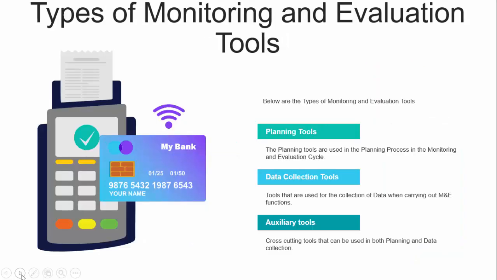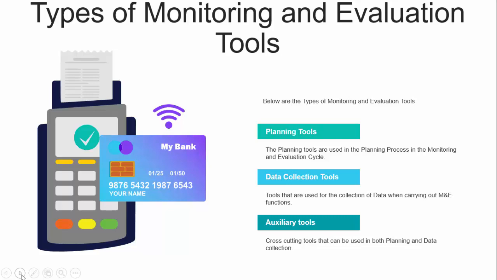Now there are different types of tools in M&E. Okay, that's one thing I need to tell you. There are different types of tools. You've got the planning tools, which are tools used at the planning phase of a project or the M&E cycle. You've got data collection tools, which are used to collect the data that you're going to be analyzing and reporting on.